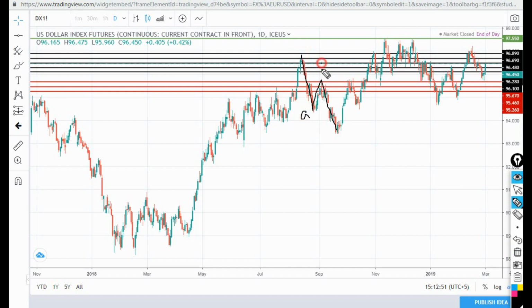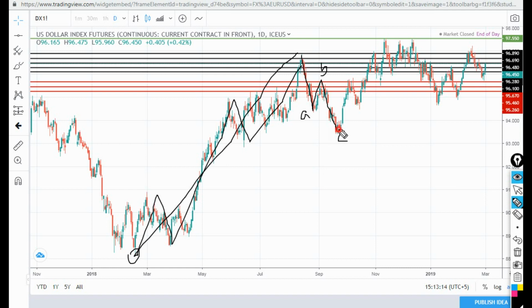You see there is an ABC. So it's very true that from this point to this point there will be 1 2 3 4 5, so it's an impulse wave, right? And there is an alteration in it, so it's another subject of Elliott. I'm not discussing it right now.